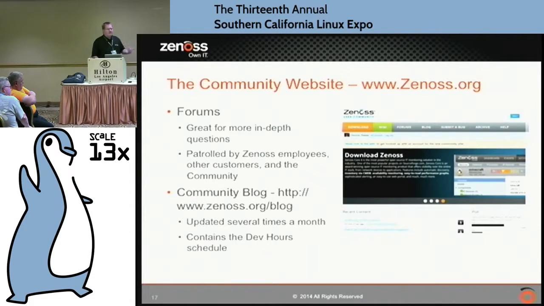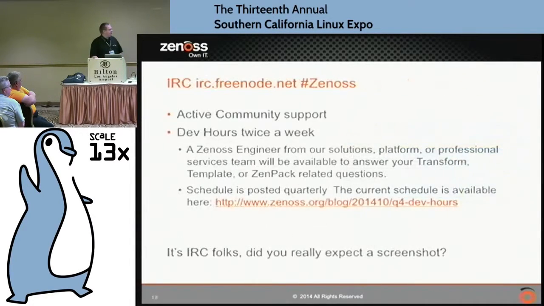So if you have trouble writing a transform, or you need help with a ZenDMD script, or you need help with the API, or you're writing a ZenPack, we have developers from our solutions team, which is what most other companies call professional services, who will come onto IRC and provide 2 interactive hours a week where they'll answer any development-related questions on the product. So it's a great way to really enable the community to do things with Zenoss as opposed to have it just sitting around. You're going to get a lot better value out of just the open source version using that.